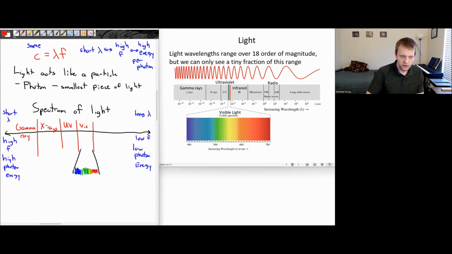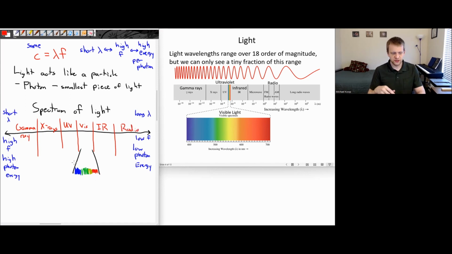If we go past blue and violet, to shorter wavelengths, then we get to ultraviolet. If we go to longer wavelengths than red, then we get into what's called the infrared. And this last section can be broken up further into microwaves, different kinds of radio waves, long radio waves. We're just going to list this whole section as radio waves.